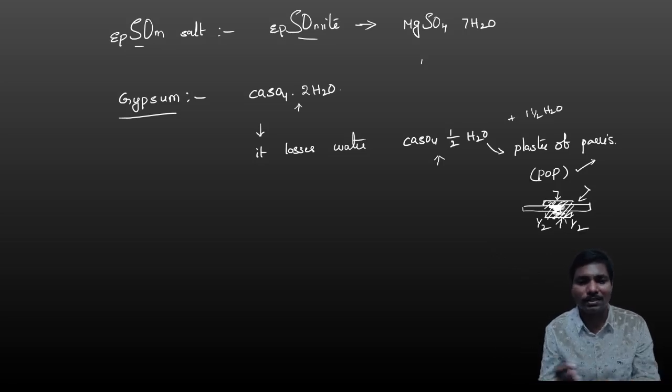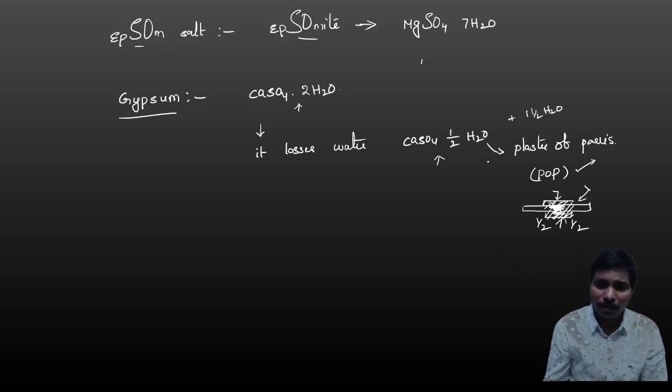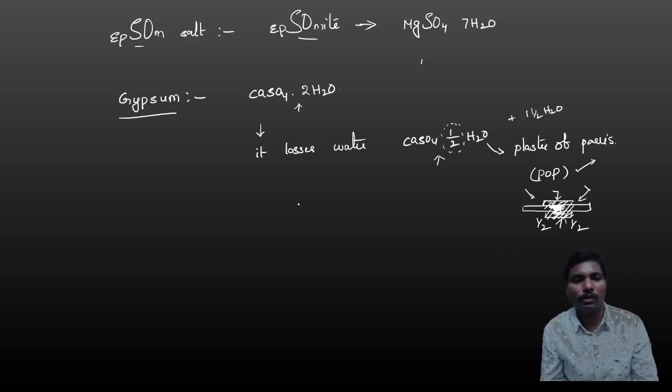Just a time-taking process. So whenever there is a bone fracture, like half and half, we go with the POP. So POP having half H2O, gypsum having 2H2O. So like that you can remember.